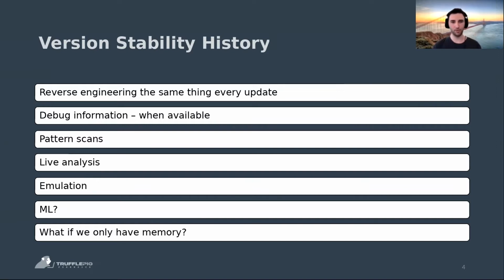A bit about version stability. When you want to find out how the data looks in memory, you can either reverse engineer the same thing every update and try to make sense of the offsets and get the information in a profile. If debug information is available, you can also use that.